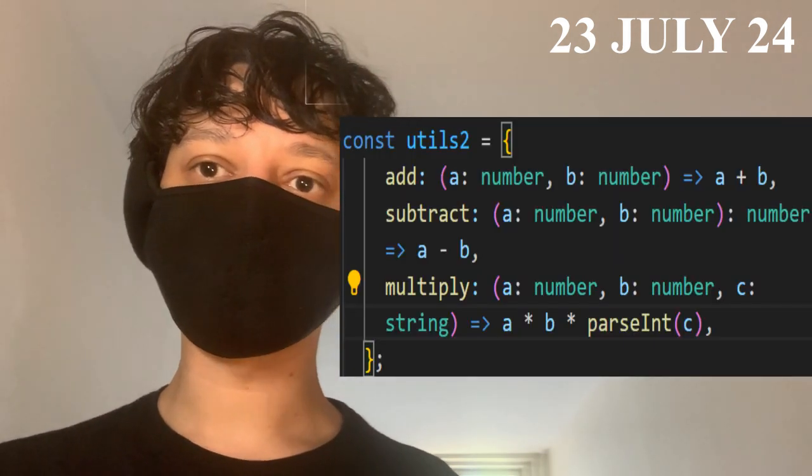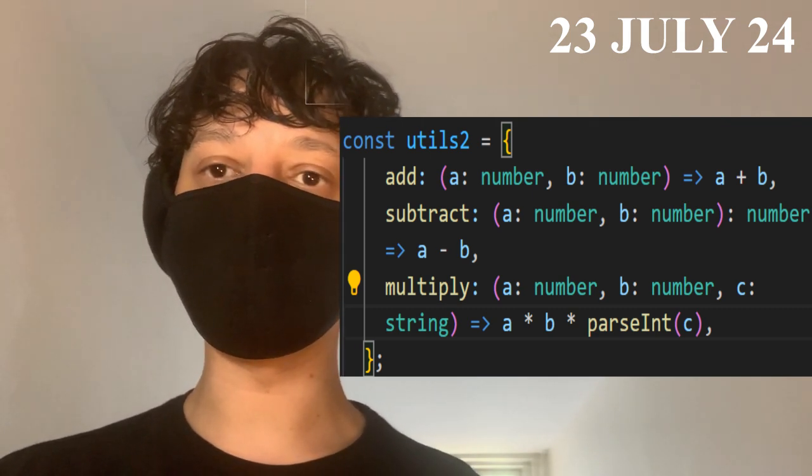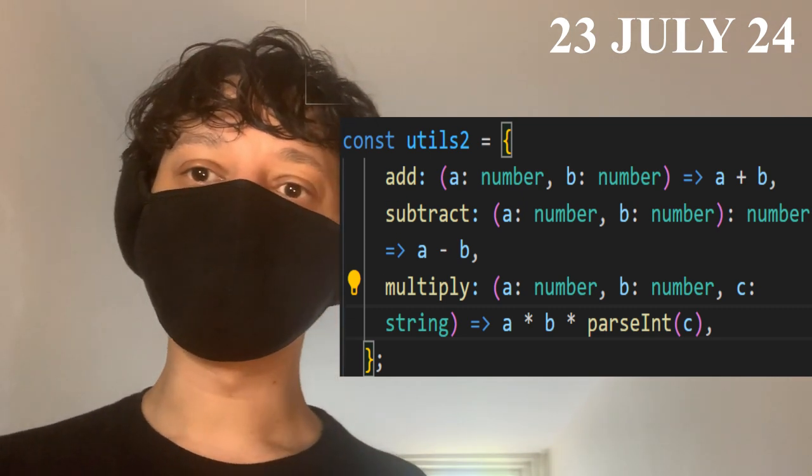Continuing on TypeScript, I had another exercise with function types, interfaces, arrays, and those kinds of things. I kind of struggled. If you see here on the screen, there is a constant with utils, but I basically need to make a type or interface.